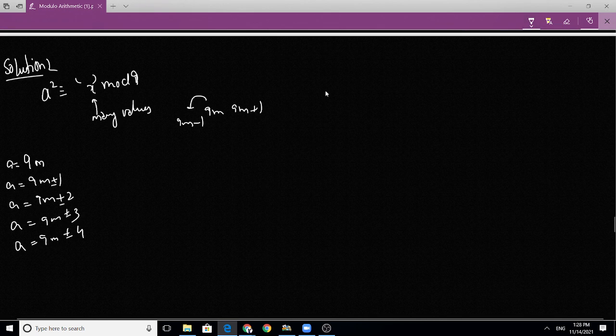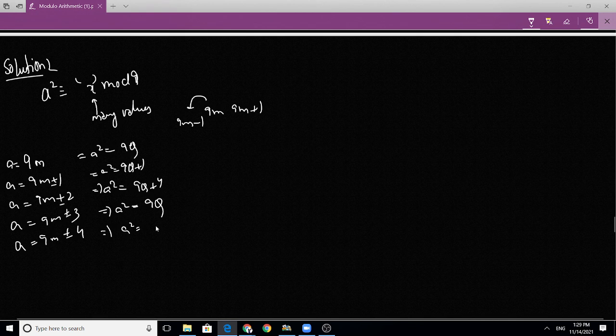So we need to find a square. A square equals 9q, a square equals 9q plus 1, a square equals 9q plus 4, and a square equals 9q plus 7.